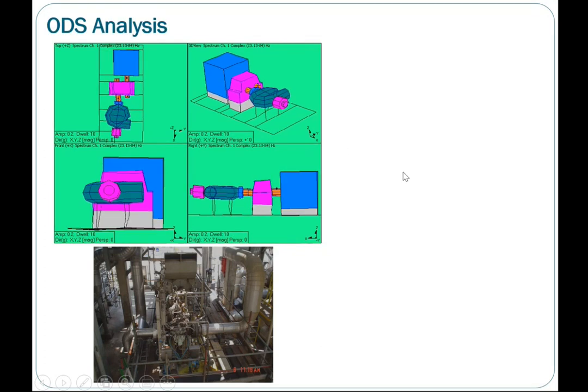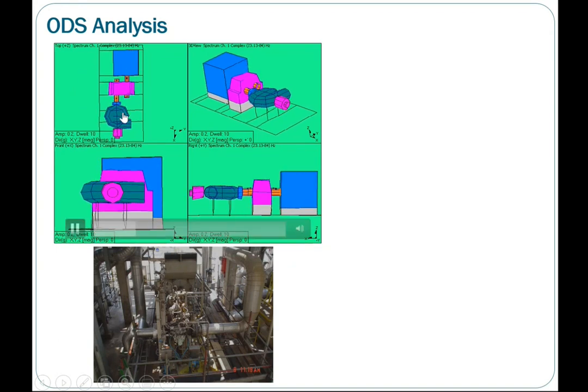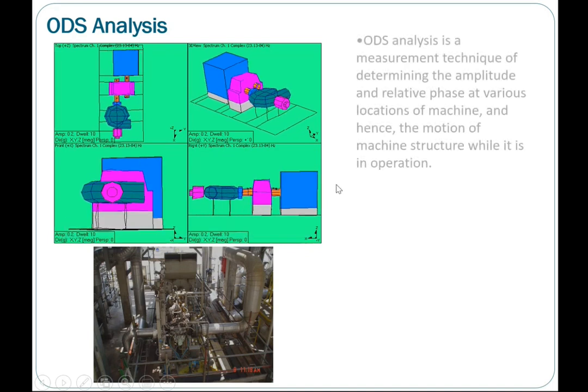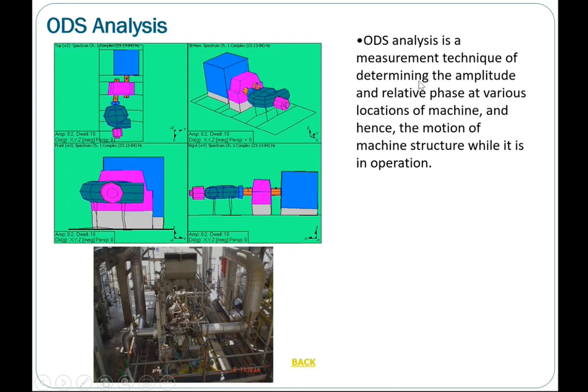Right, so from here, with ODS you can see a very complex machine analyzed through this ODS analysis. It's a technique that determines the amplitude and relative phase at various locations of a machine, and hence the motion of the machine can be determined while it is operating.